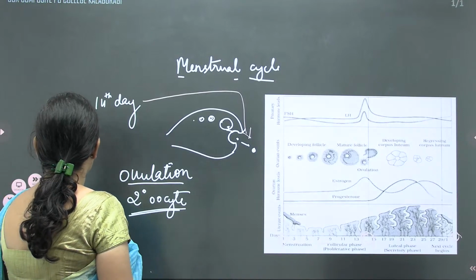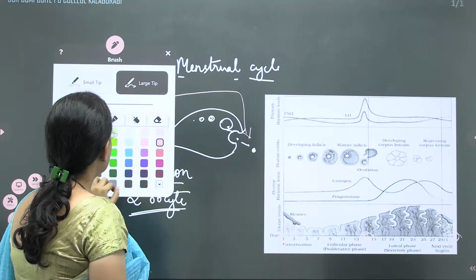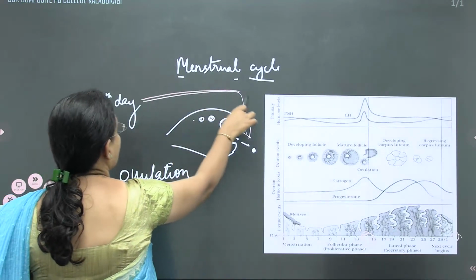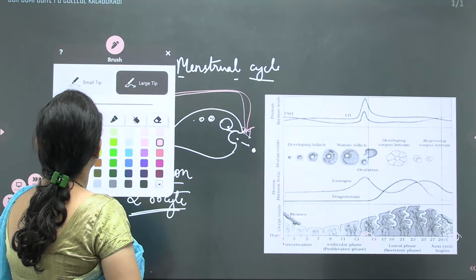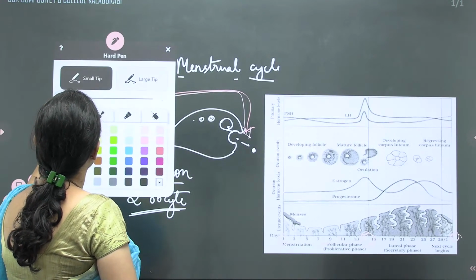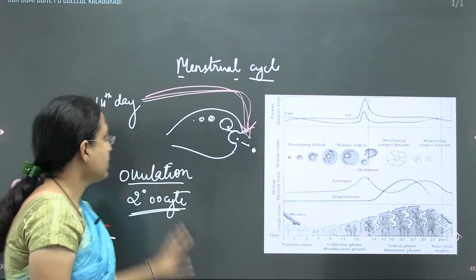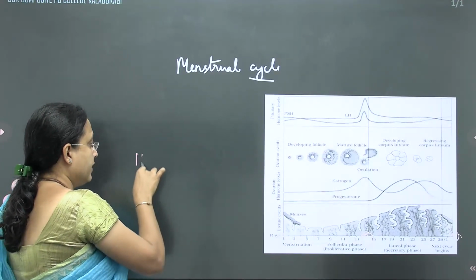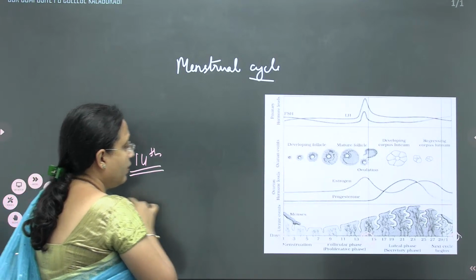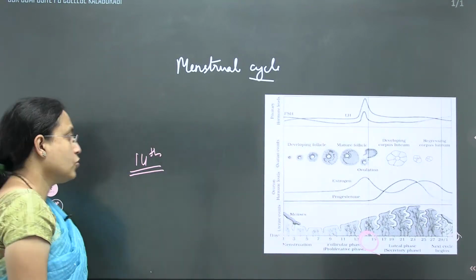So the ovum is released on the 14th day, and that 14th day will come in the middle of the menstrual cycle. That is what should be known.